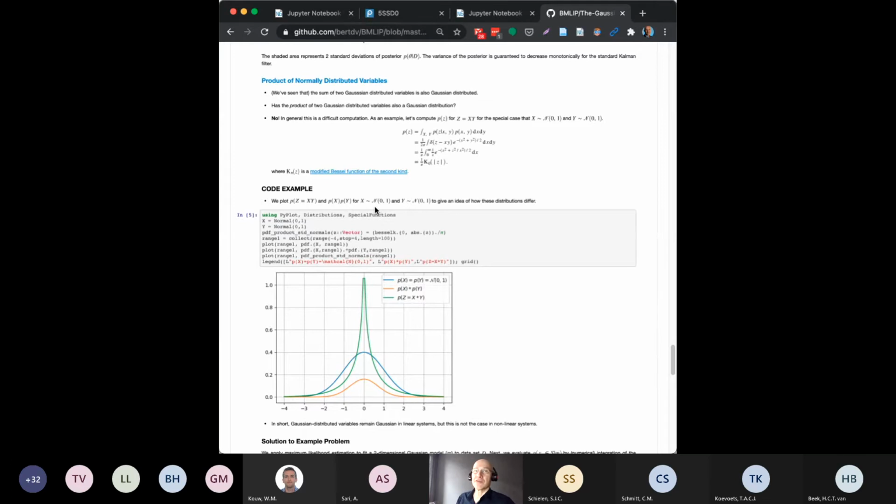It's very useful for Bayesian inference when you multiply a prior with a likelihood and they are both Gaussian. But it's a different thing to say, I have here a z, a new variable, which is x times y, and x has a Gaussian distribution and y has a Gaussian distribution. That doesn't mean I can multiply the distributions. I actually have to do quite a difficult computation. It turns out I get a very different distribution for z.